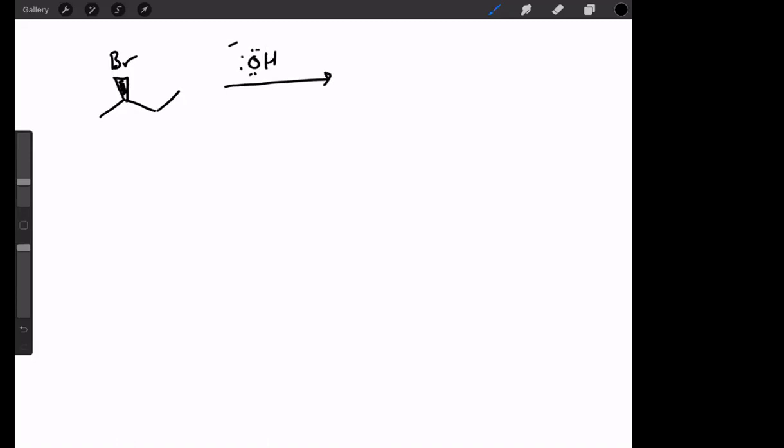Let's do two things. What's the product? But you have to include the stereochem, and then what's the mechanism?